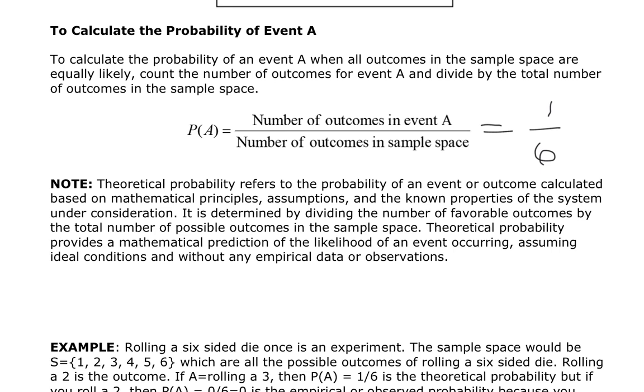The experiment would be taking note of how many times I roll a 1 and counting it and then rolling it however many times. So say I roll my die and the first time I get a 1, and then I get a 2, and then a 3, and then a 1, and then a 6, and then a 7. Not a 7, I can't get 7. I just like the number 7.